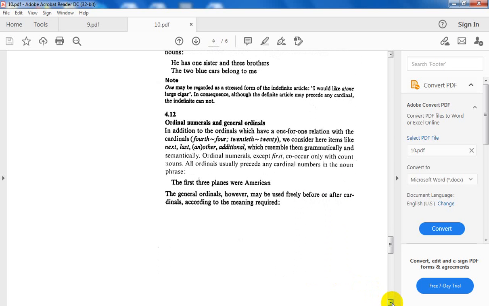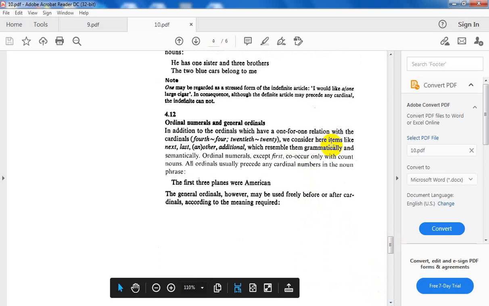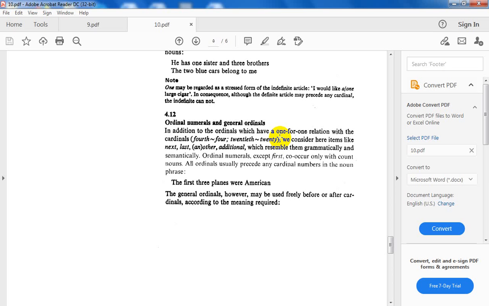They are put together because they have the same characteristics, and they have a one-to-one relation with the cardinals. What does one for one mean? If you go to the cardinal, one cardinal is first ordinal, 2 cardinal is second ordinal, 3 cardinal is third ordinal, 4 cardinal is fourth ordinal. This is the one for one relation.